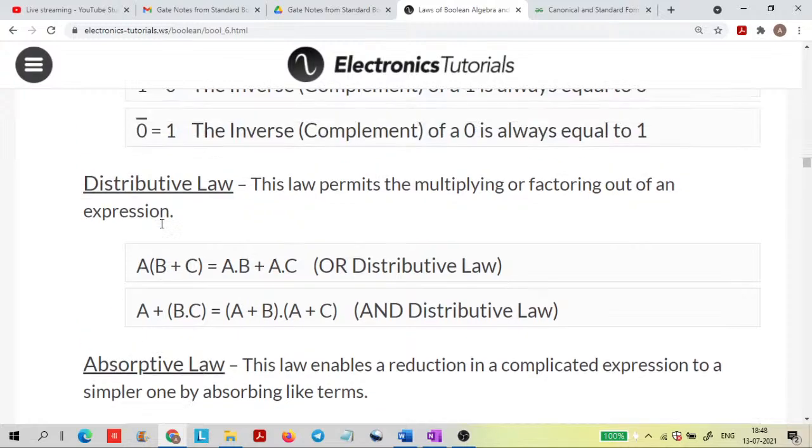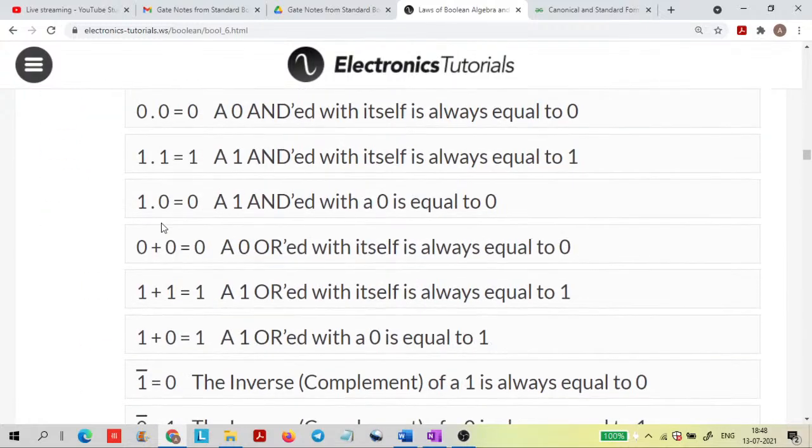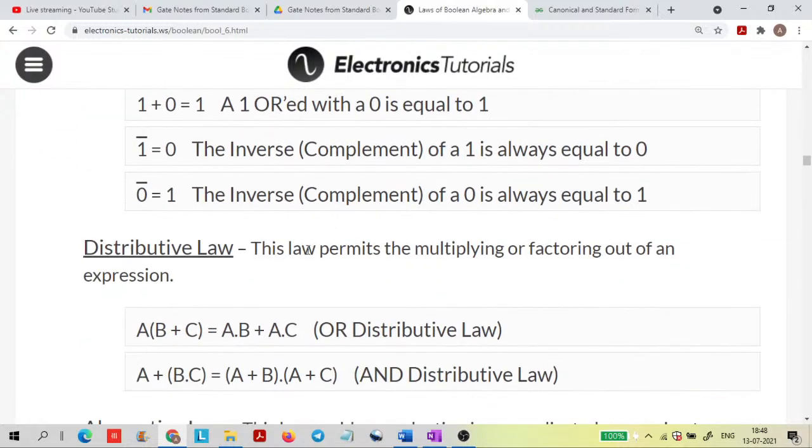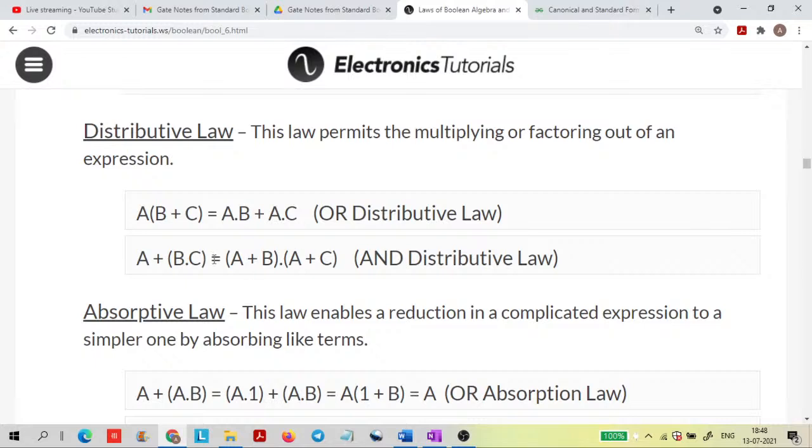Then the distributive law. A into B plus C is equal to AB plus AC. Then A plus BC is also written as A plus B into A plus C. So this is the OR distributive law, and this is the AND distributive law.